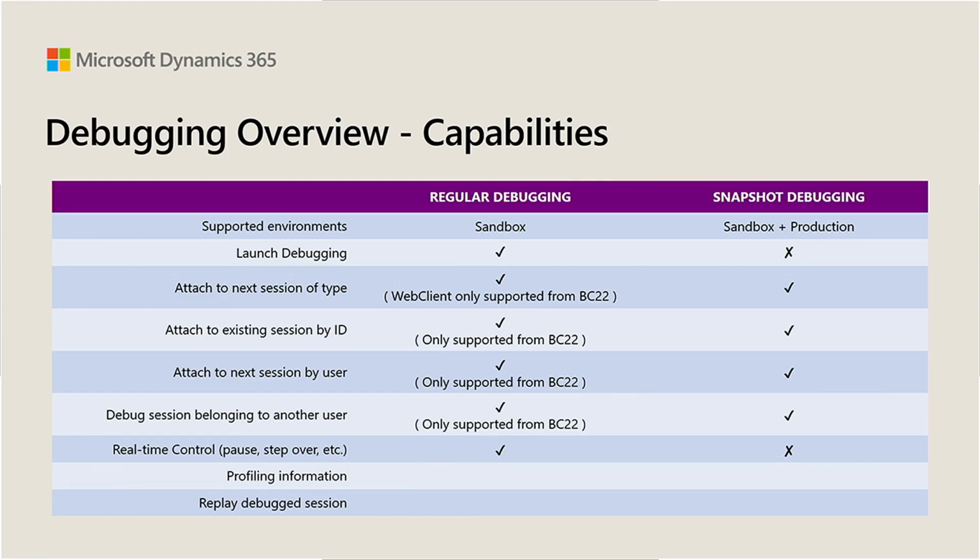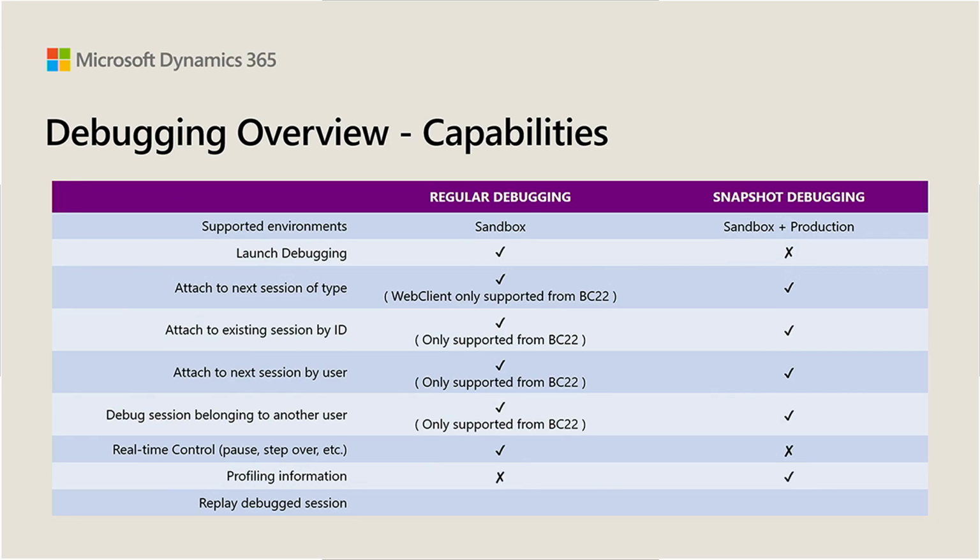Real-time control, so this means being able to, as code is executed, inspect your variables, pause, step over, set more breakpoints, and so on. This is only supported in regular debugging, not in snapshot, because of course, as it can run in production, you don't want to stop your code as it's running.